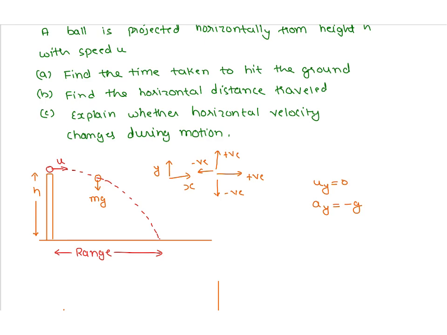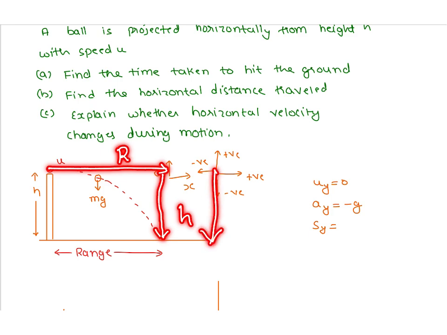And now what is displacement in y direction? See, this is initial point and this is final point, and this final point is h below. If somebody asks you to reach the final point from the initial point, you will move r distance, that is range distance, in x direction, and then you have to move h distance in downward direction.